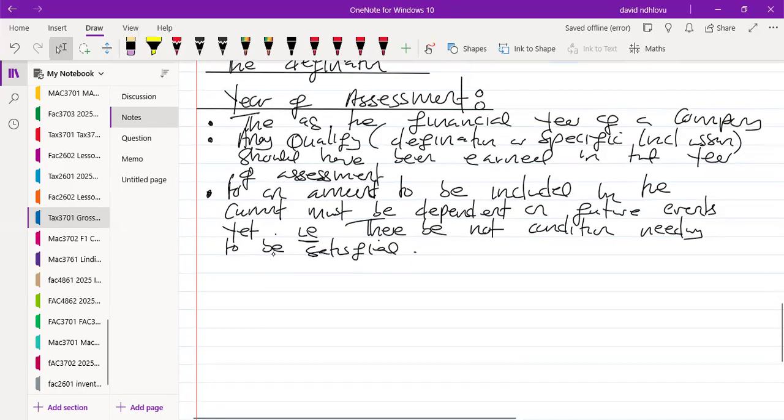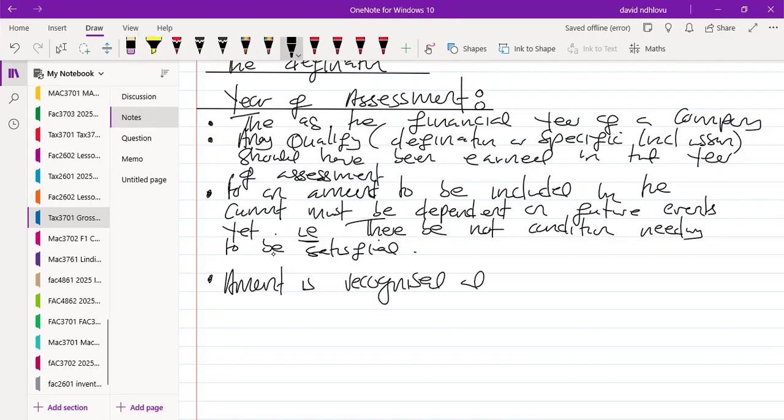Right, one more thing, an amount is recognized at the earlier of receipt or accrual.